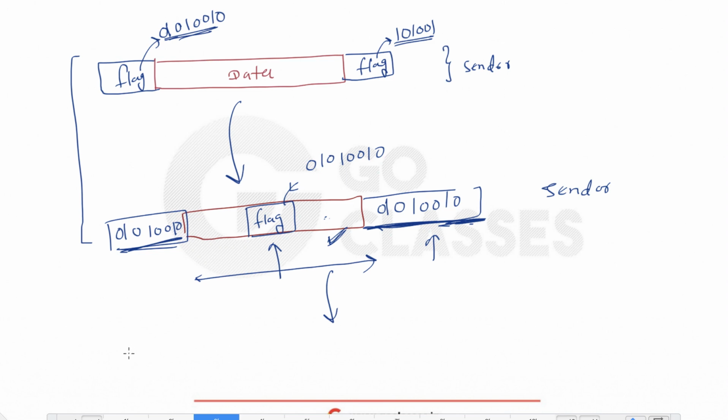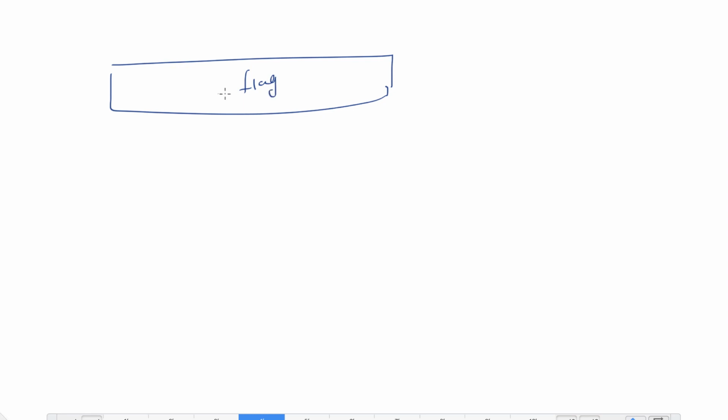Let me add one character, maybe a null character or some character that the protocol can decide, and the sender and receiver both know about this character. Let me just call it in the abstract sense: suppose I am adding one character of 8 bits, ESC, which is an escape character. Whenever I find a flag in the data, before the flag it will append the ESC character of 8 bits.